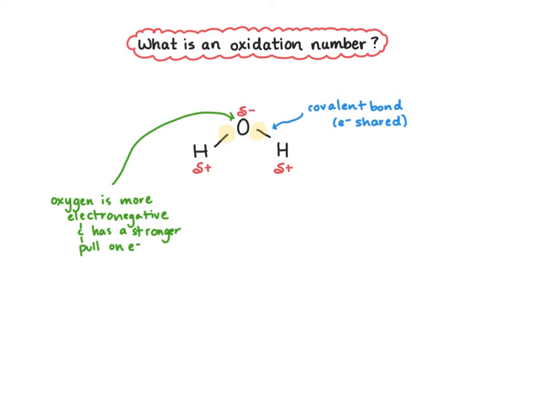When we assign oxidation numbers, we are going to assume that instead of these electrons being shared, full electron transfer took place, even though it didn't.